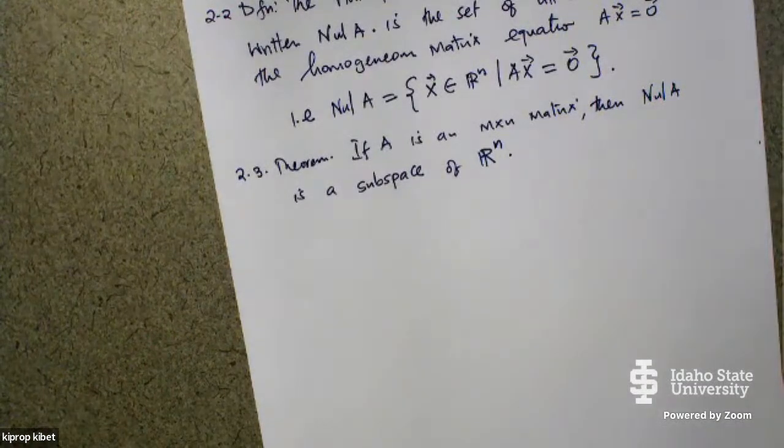The column space of A, we say, is a subspace of what? Rm, right? So the null space is a subspace of Rn, while the other one is a subspace of Rm.